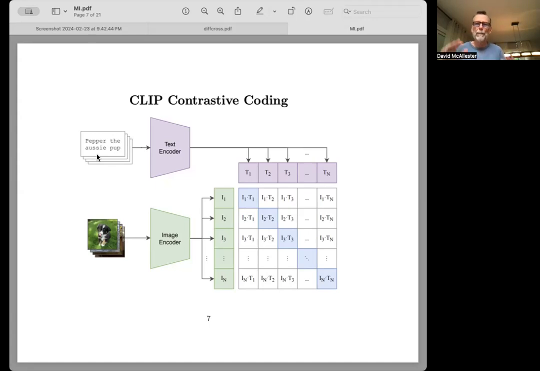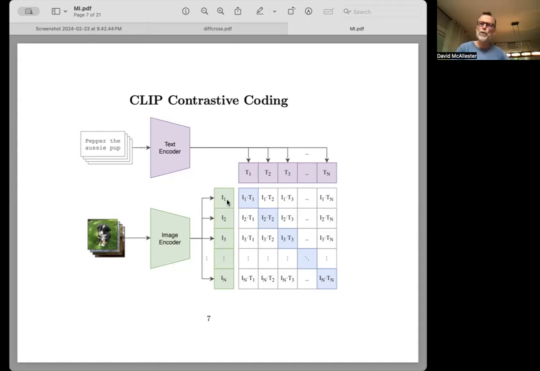Now we take a big batch of pairs of images and text. I'm going to use capital B. Think of this as a mini batch in SGD. For each image, I'm going to scramble these N texts and ask a predictor to predict which of these texts came from this image.